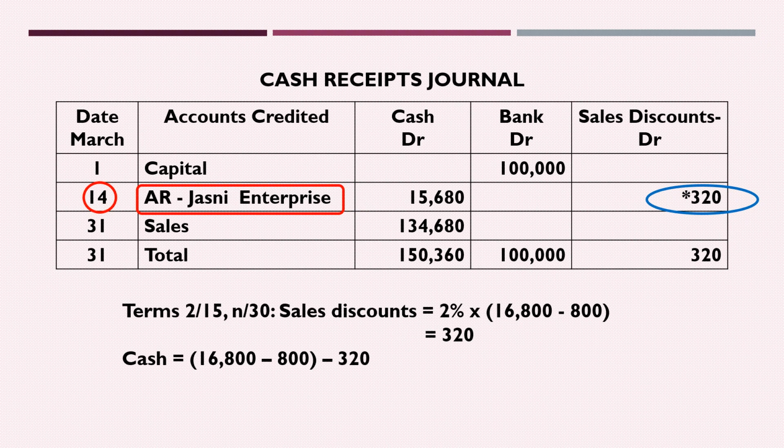So the cash received equals the invoice given, 16,800, minus the sales return, minus the sales discount, amounting 15,680.